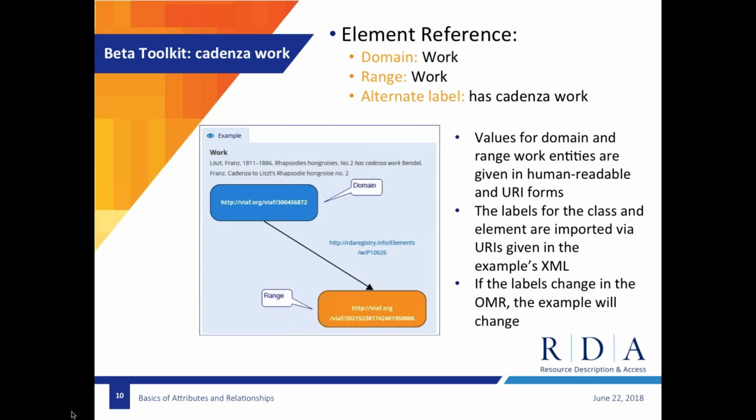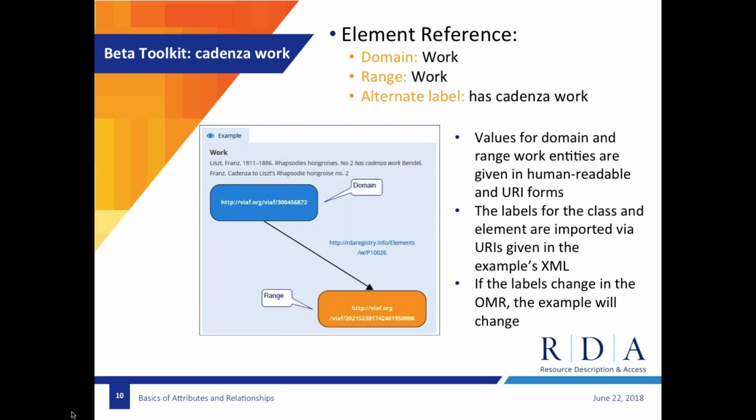If I looked at this in the Beta Toolkit, I would see in the element reference section that we have a domain and range of work, and I have an alternate label from the RDA registry, has cadenza work. And I think that this example nicely illustrates how domain and range work for this element. In the example, as I was explaining before, the domain and range values are given in a human readable form at the top underneath work.